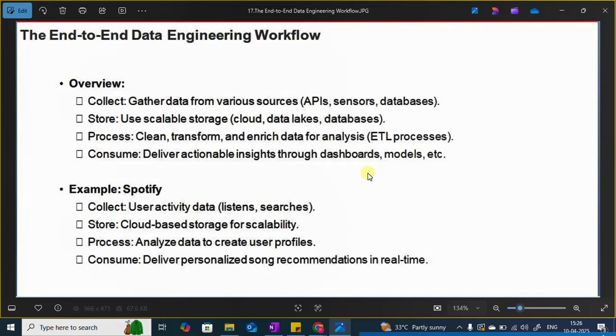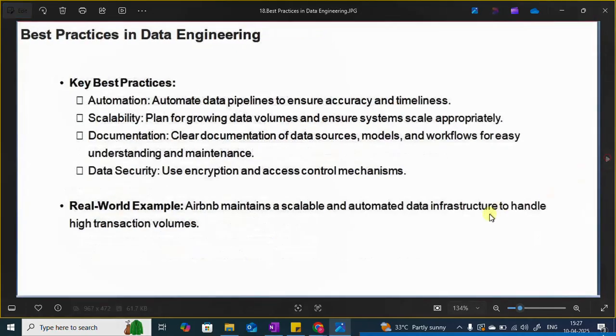Then consume: deliver actionable insight through dashboards using Power BI, Tableau, or machine learning and deep learning models. Example: Spotify collects user activity data like listens and searches, stores it in cloud-based storage for scalability, processes and analyzes data to create user profiles, and consumes it to deliver personalized song recommendations in real time.